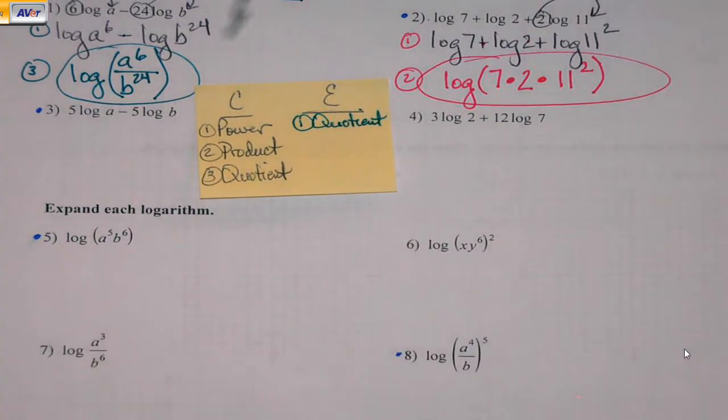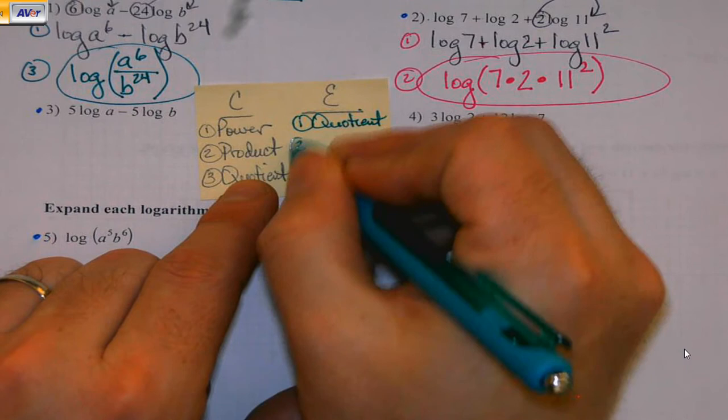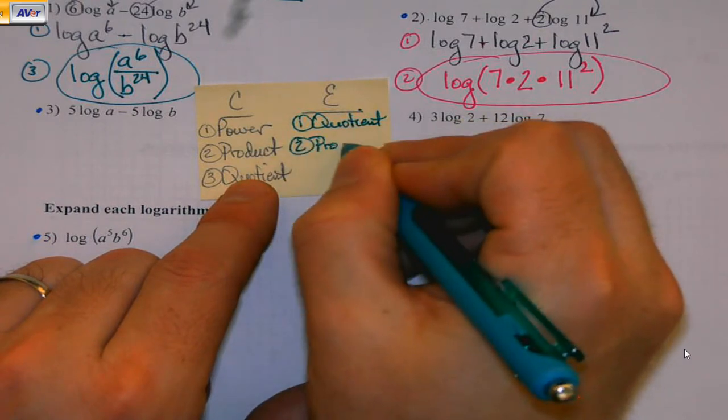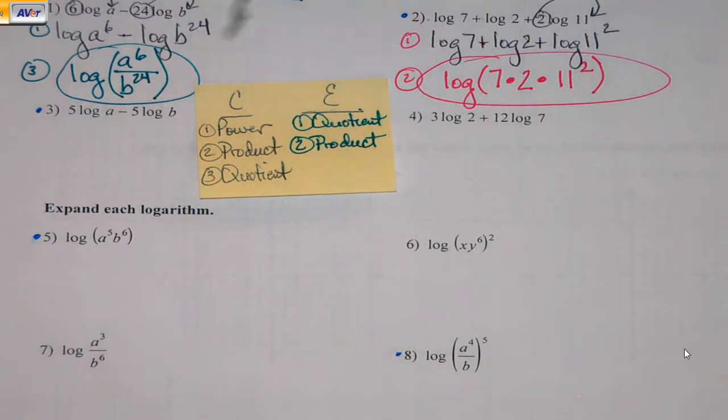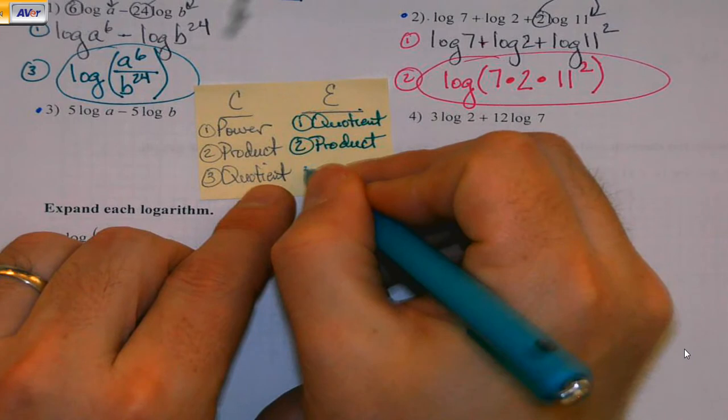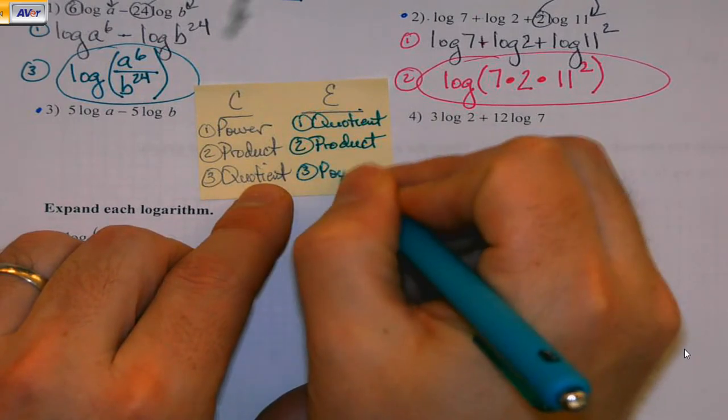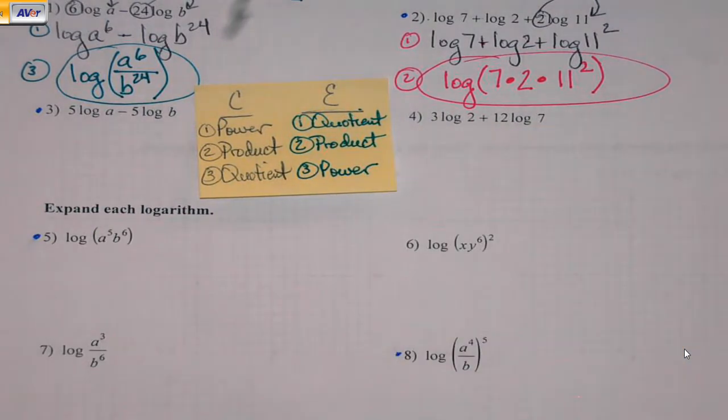Quotient is first, so divide will become subtract. You're like, oh, so everything's just flipping, literally, the order and what I'm doing operation-wise. And it's true. Product goes from multiply to plus. And power goes from exponent to coefficient. I'm just undoing the stuff that we were doing in part 1.